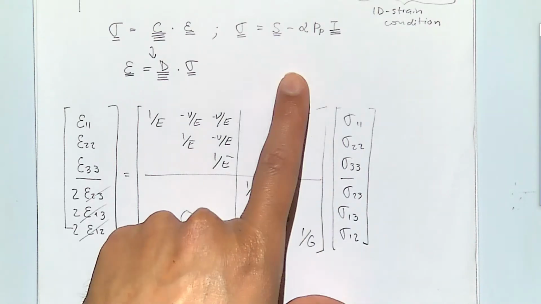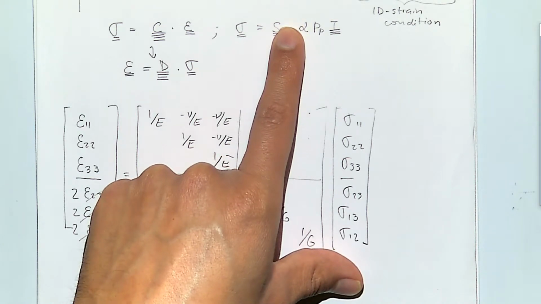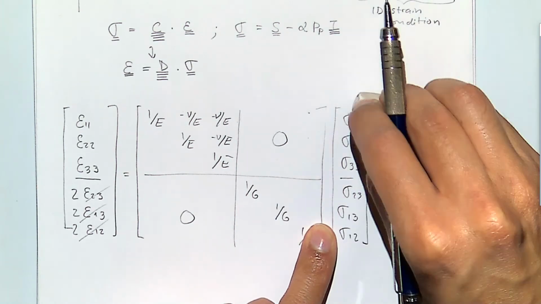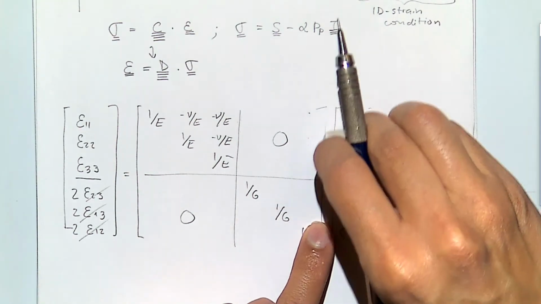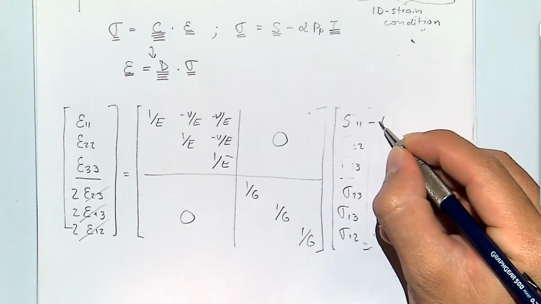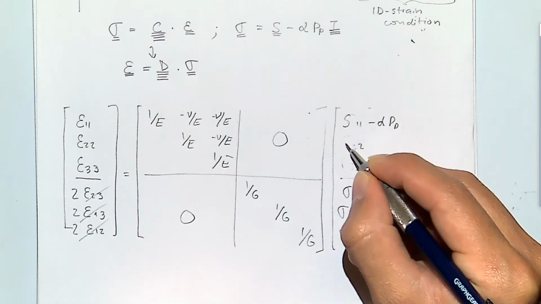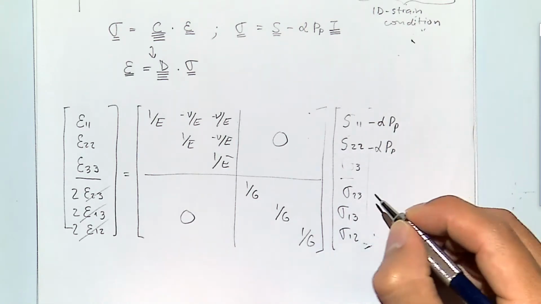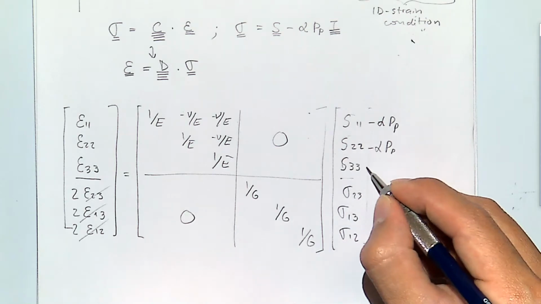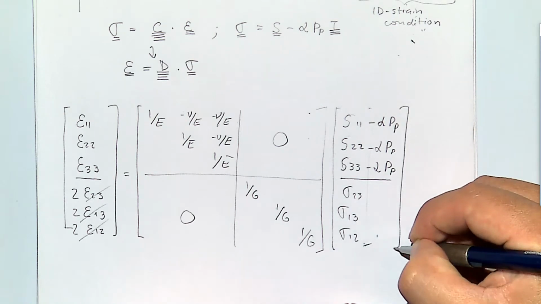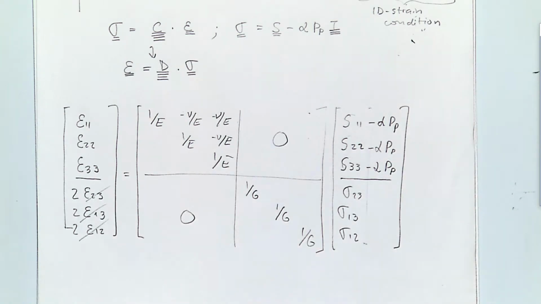We want to update this with our new equation, which is the effective stress. So instead of sigma, this one is going to be S11 minus alpha pp, S22 minus alpha pp, and S33 minus alpha pp. And the shear stresses are the same as the total stresses, so I'm just going to leave them the same.